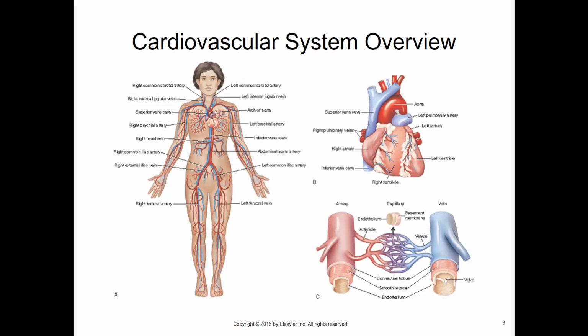So the infection and inflammation, when that occurs within the cardiovascular system, is going to cause things like cardiac and vascular disease. Once these microbes, bacteria and viruses gain access to the lymphatic system or the cardiovascular system, they can quickly spread throughout the body and infect any organ or system after that point.